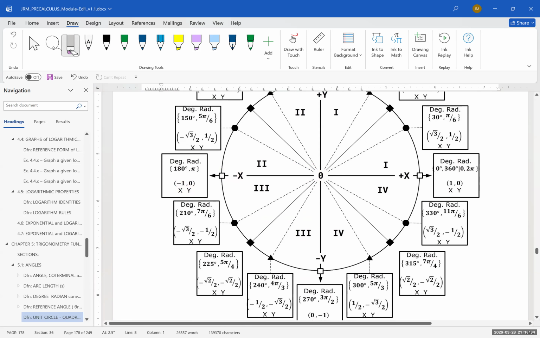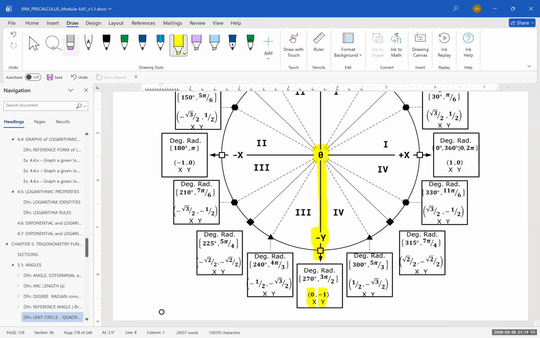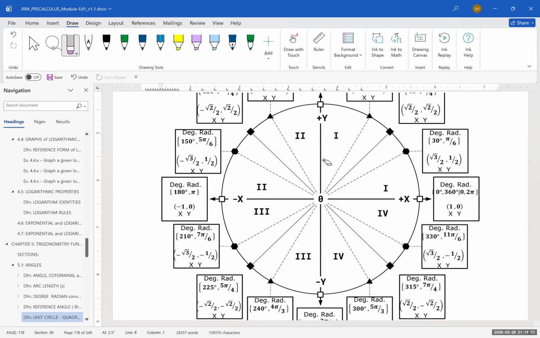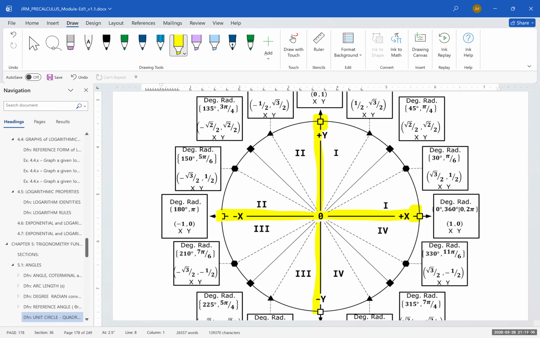And if we go down from 0, these are negative values of y down here, and the coordinate of this point on the unit circle is 0 on the x, negative 1 on the y. So the coordinates at these cardinal directions, this way, that way, up and down, all have 0 or 1 in them because the unit circle has a radius of 1.